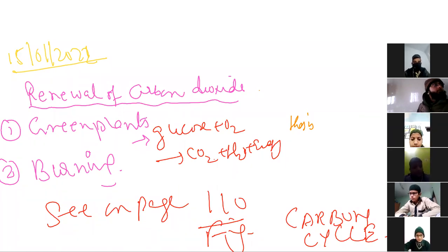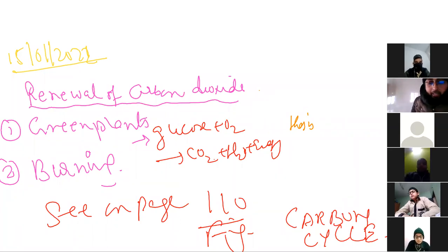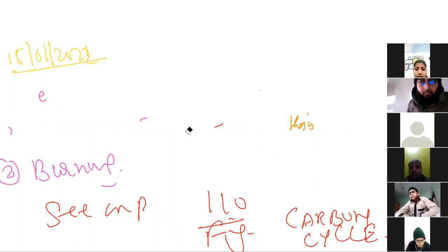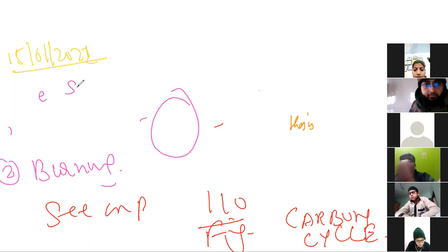So basically, what happens in the greenhouse effect is that, see, this is our earth and this is the sun.